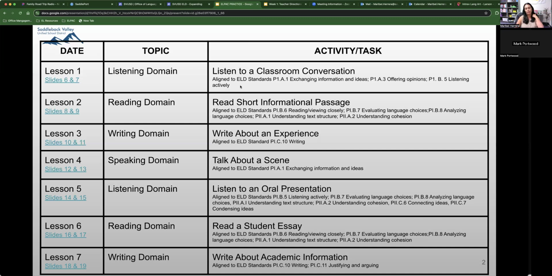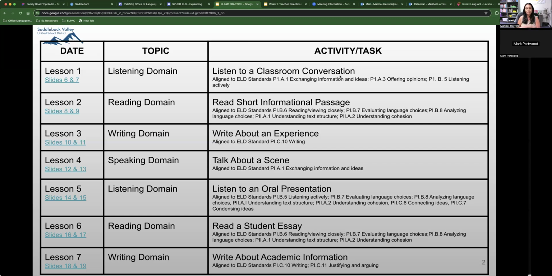Sure. And then we also aligned them to the ELD standards. They were always aligned to the ELD standards, but it was never communicated. And so now it's there. Now when you have conversations with your admin or your coach or any other colleague, you can explain how these classroom conversations help students build their listening and their skills in exchanging opinions and ideas, and what standards specifically they relate to.